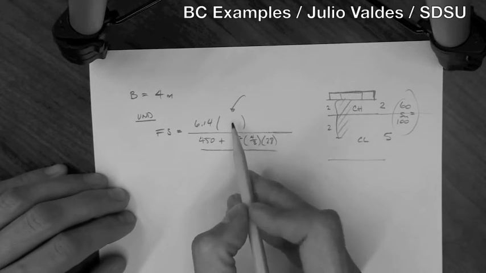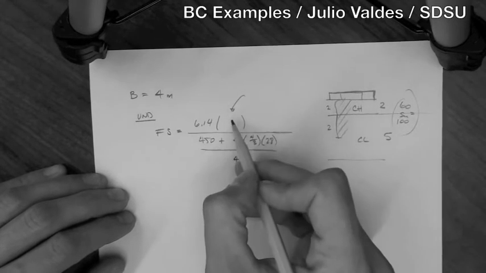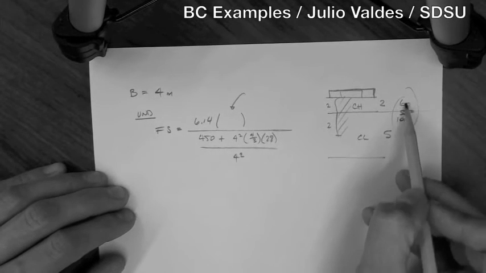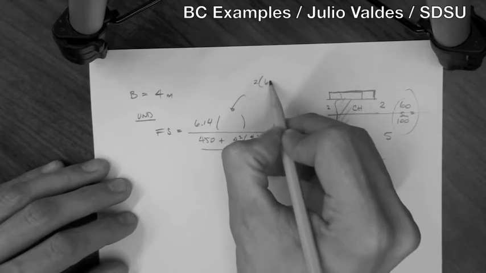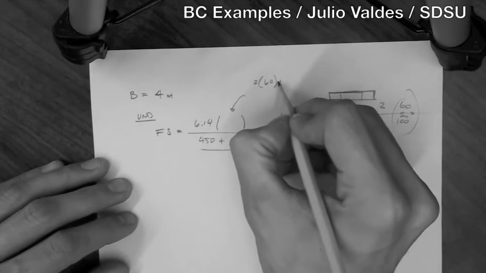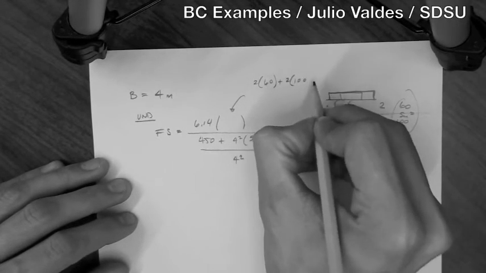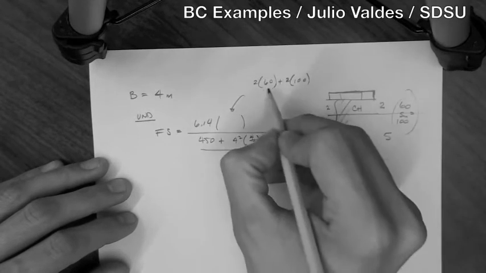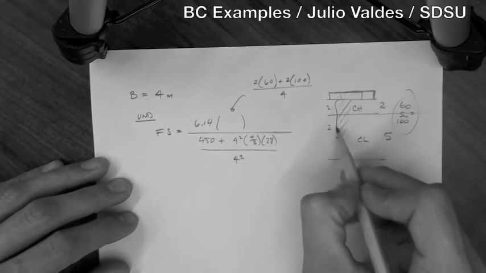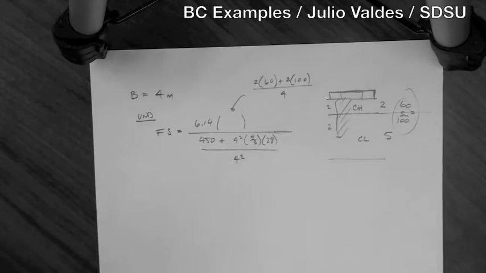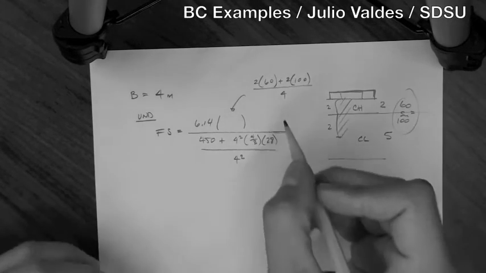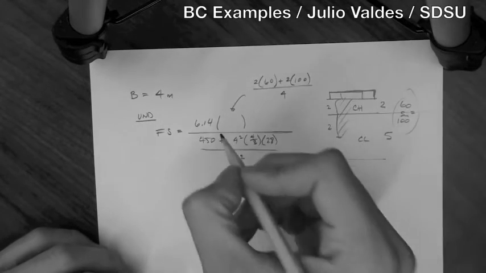So in here we have to insert a weighted average of this over the influence zone. The weighted average is 2 meters of 60 kPa soil plus 2 meters of 100 kPa soil divided by 4 meters total, right? In this case, it's simply the average as you would take it for two numbers. 160 divided by 2 is 80, right?